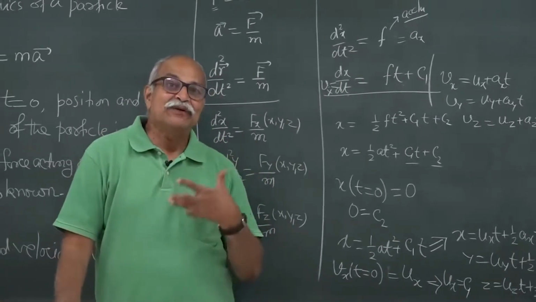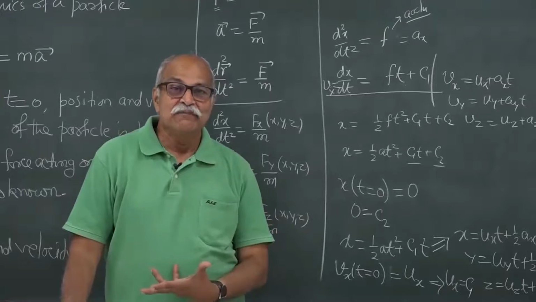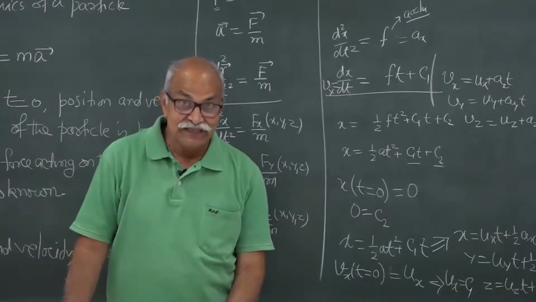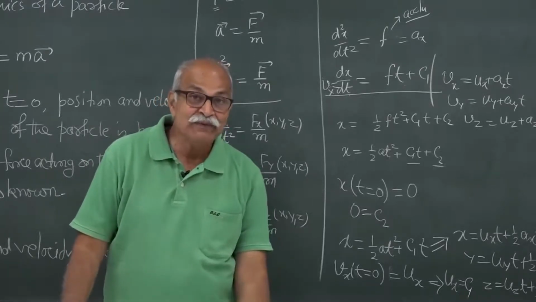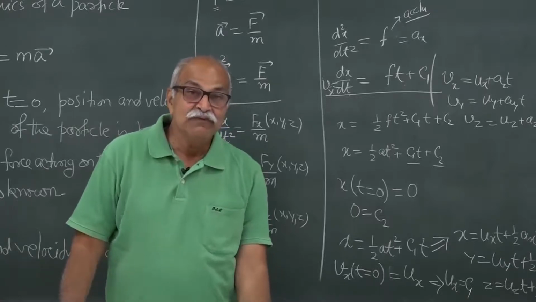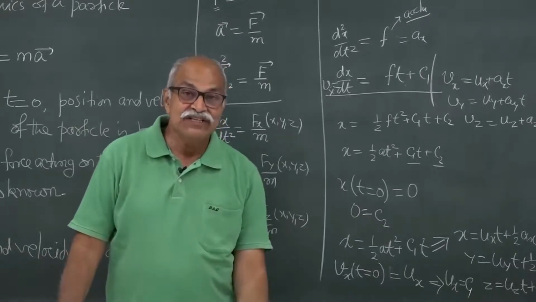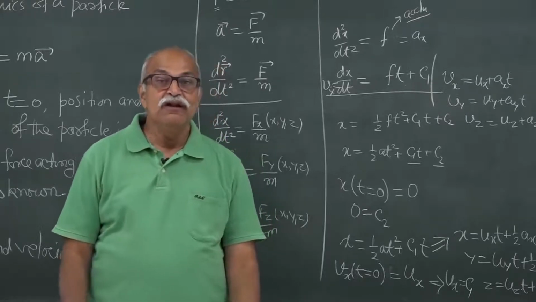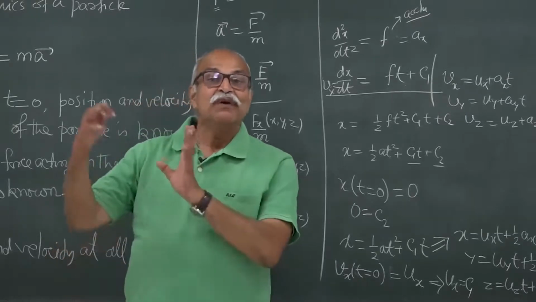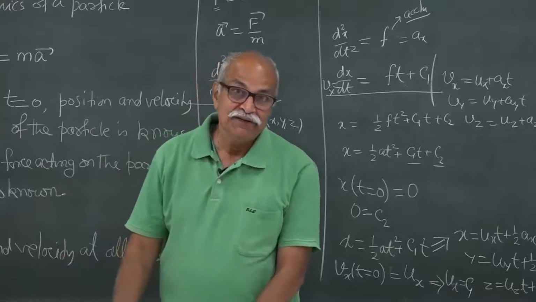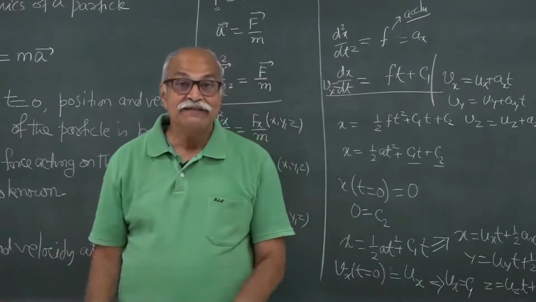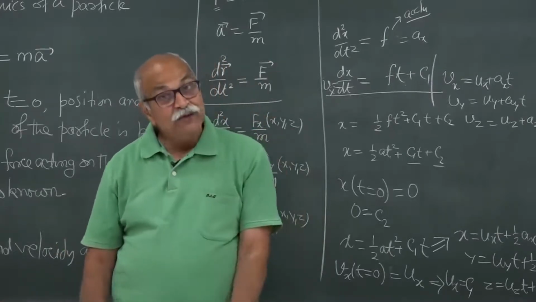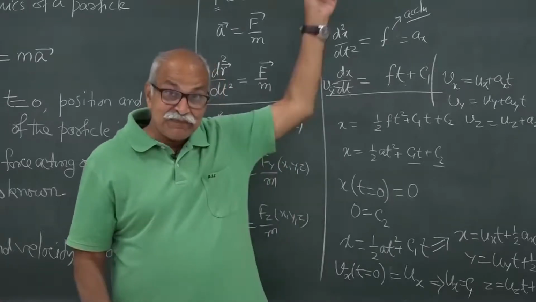But we will be talking more about some parameters which are associated, like linear momentum, angular momentum, energy, which will be useful for our system of particles, which will be useful for rigid bodies, and which will also be useful in many cases for a single particle.